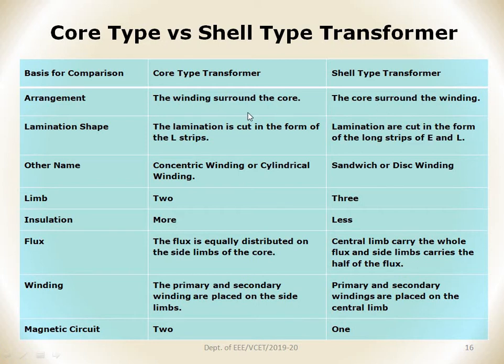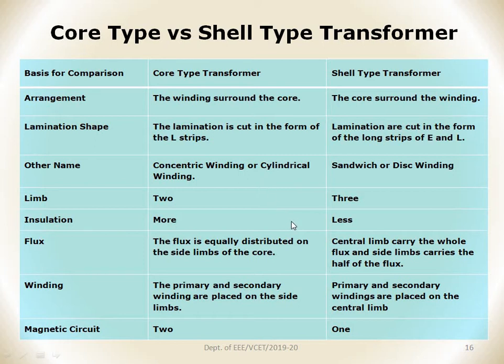That's why the classification says that winding surrounds the core, whereas here core surrounds the winding. And here the lamination strip, that limb, will be cut in the form of an L-shaped structure, and here it will be of E and L type. So based on the construction only, the lamination shape is also decided.